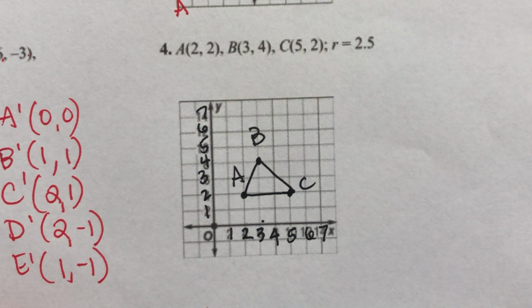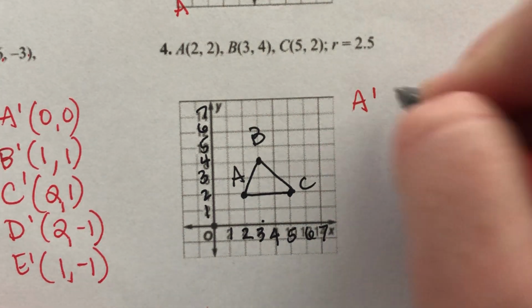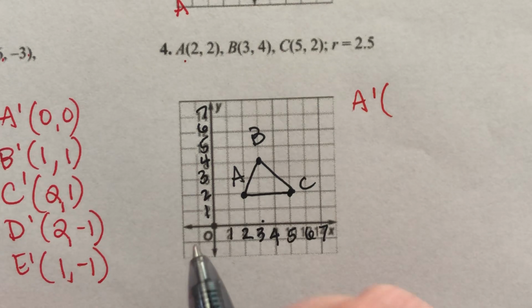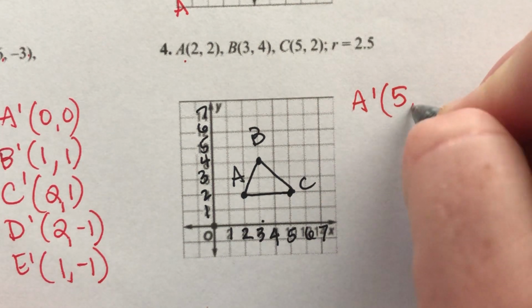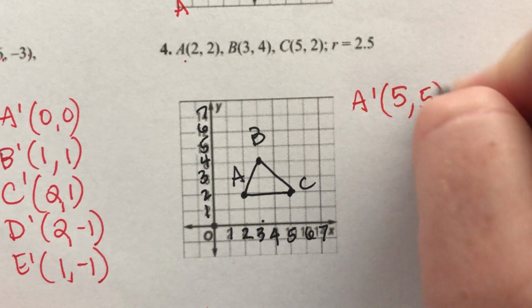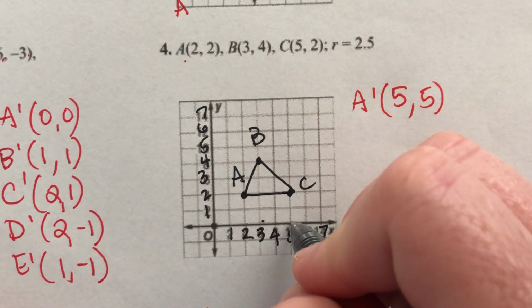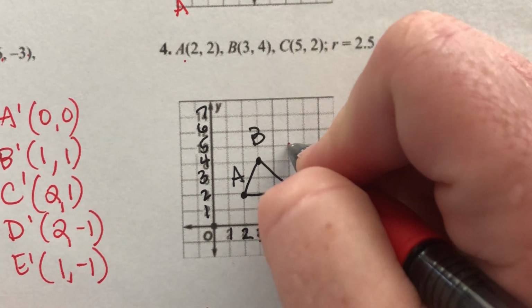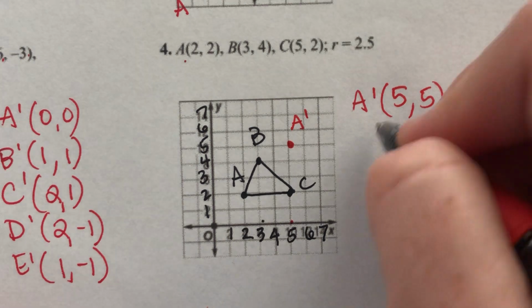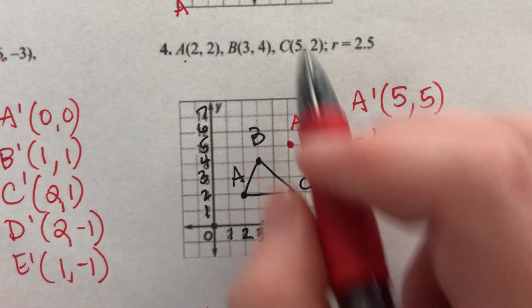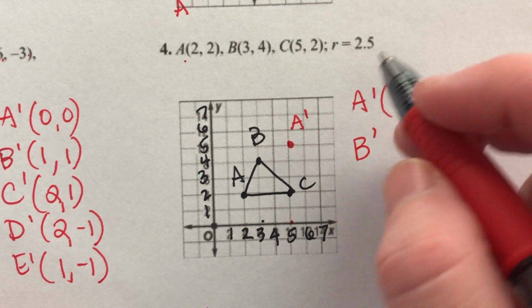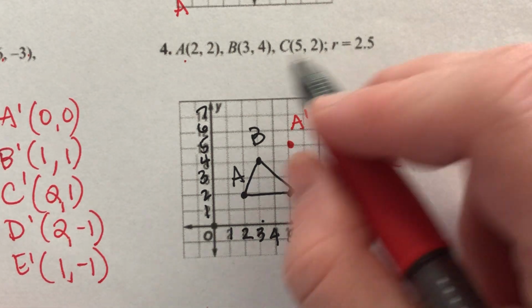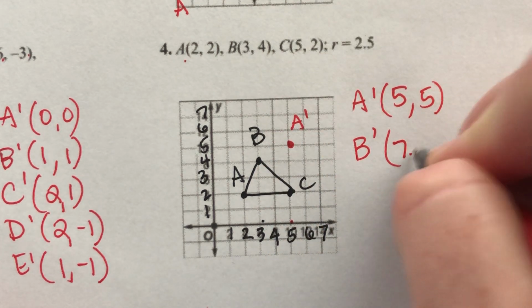So we're going to multiply everything by 2.5. So A prime, 2 times 2.5 is 5, and 2 times 2.5 is 5. So I'm going to go over 5, up 1, 2, 3, 4, 5. There's A prime. B prime. 3 times 2.5 is 6 and 1.5, 7.5.